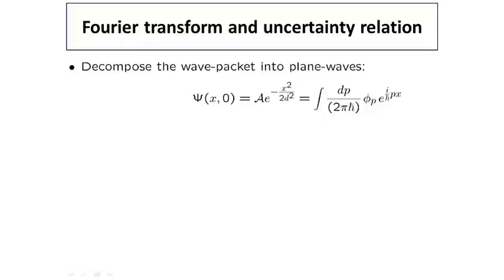Now, the main element of the solution is the decomposition of the initial condition of this wave packet into plane waves. So plane waves are presented here. As a motivation for why we want to do something like this, we should recall that the Schrödinger equation was deduced or derived almost by construction to describe waves rather than particles.